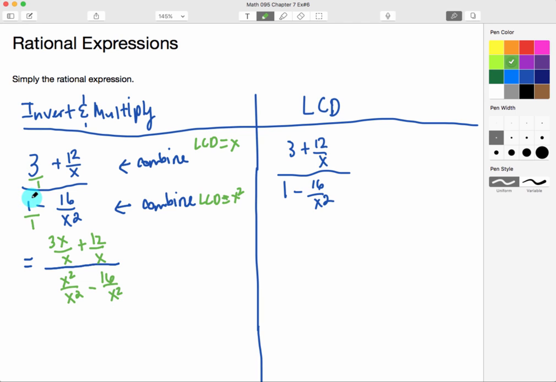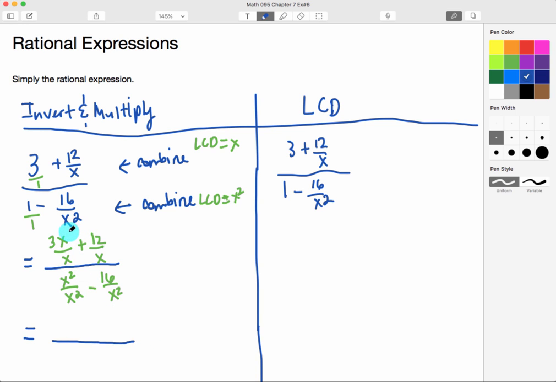So all I've done so far is I've worked with the numerator and figured out how to have common denominators. Then I worked with the denominator, how to get common denominators. So my next step is to start combining those fractions together.